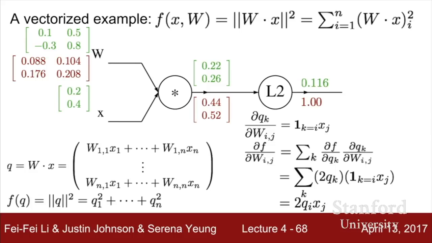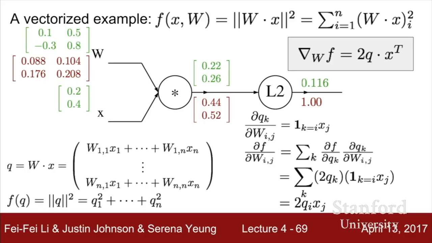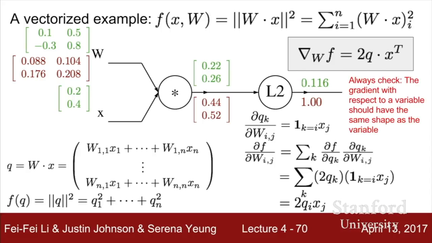Okay, and so filling this out, then we get this gradient with respect to w. And so again, we can compute this element-wise, or we can also look at this expression that we've derived and write it out in vectorized form. Right, and remember the important thing is always to check that the gradient with respect to a variable should have the same shape as the variable.